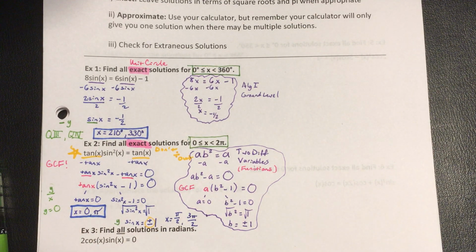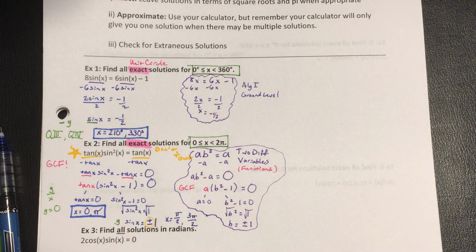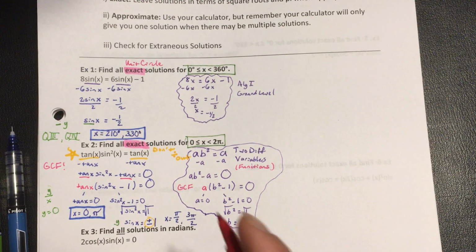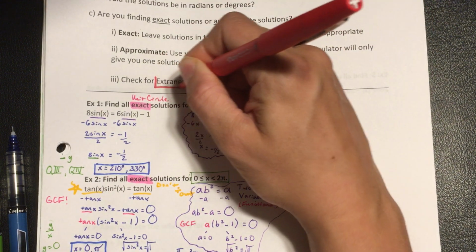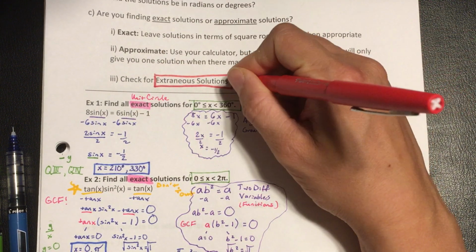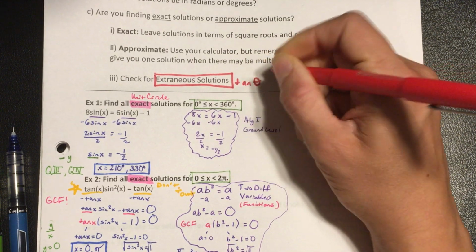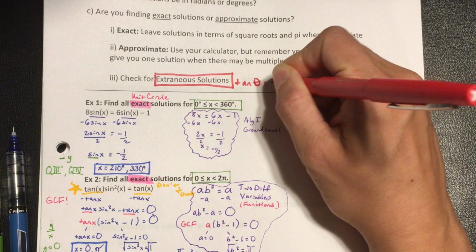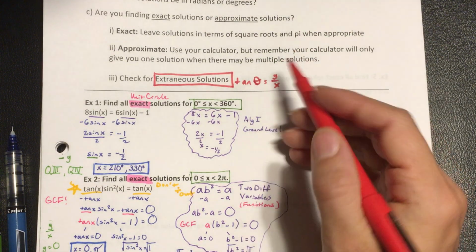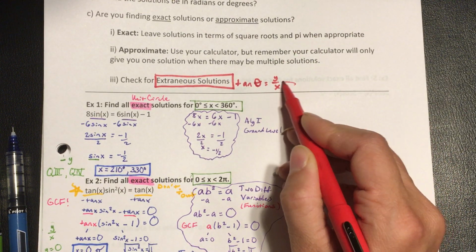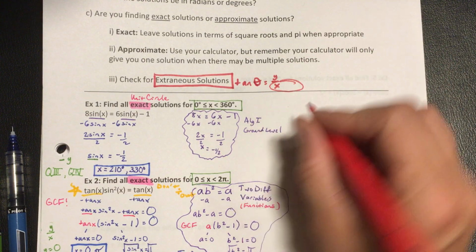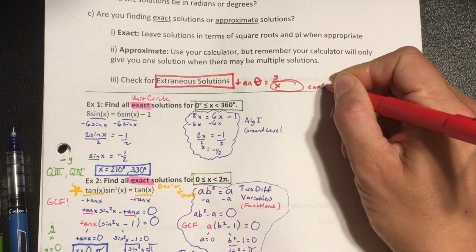But before we put a box around it, we have to check for extraneous solutions. So as we mentioned above, you check for extraneous solutions anytime you have tangent of theta involved in an expression, because if you have tangent, you have to make sure that you're not dividing by 0.